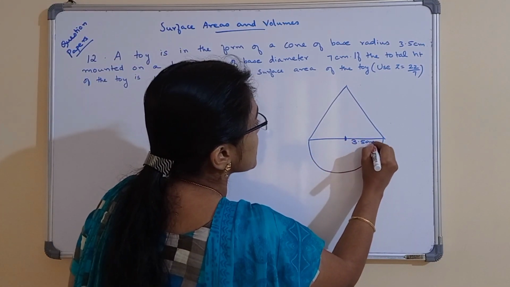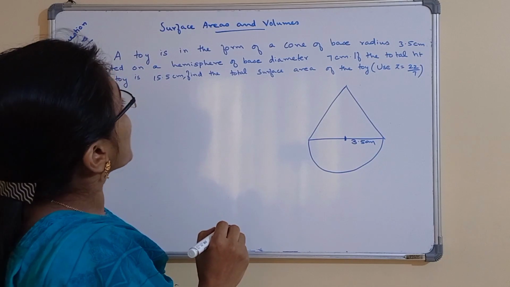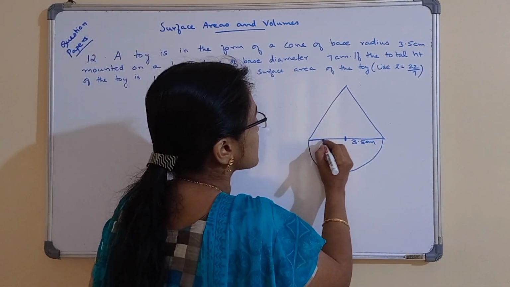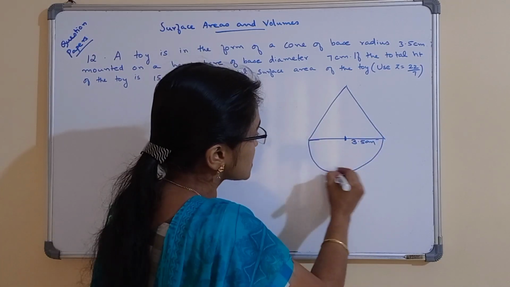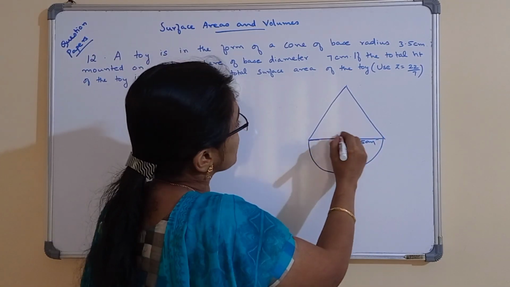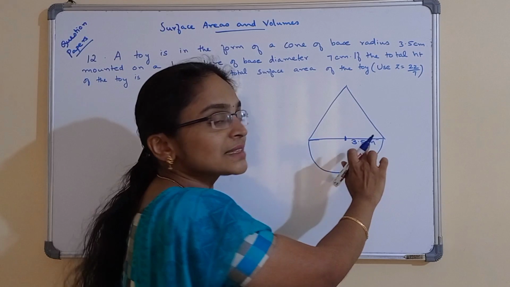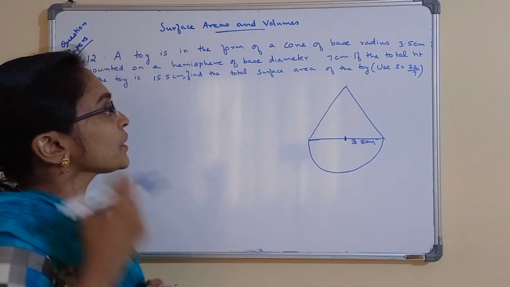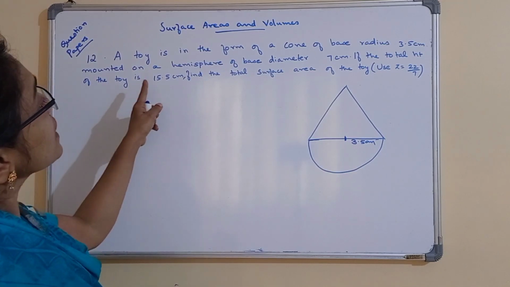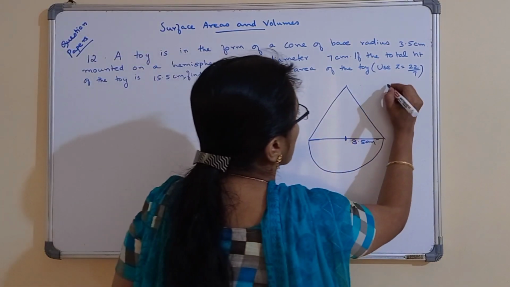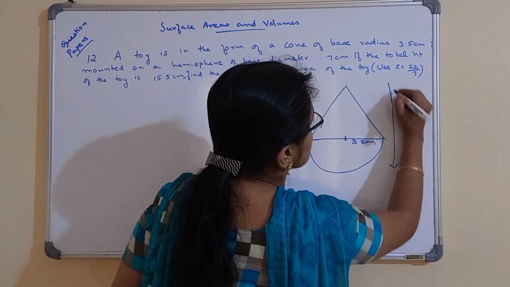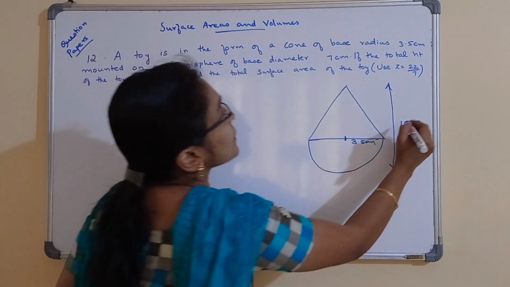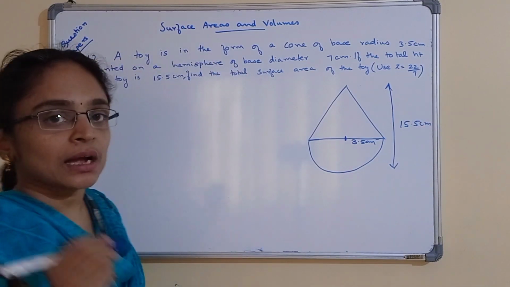This radius is 3.5 centimeter, and the hemisphere base diameter, this is the diameter of this hemisphere, so it is 7 centimeter. That is, the diameter of the hemisphere and the cone are the same. Now, the total height of the toy is 15.5 centimeter. So, what is the total surface area of the toy?